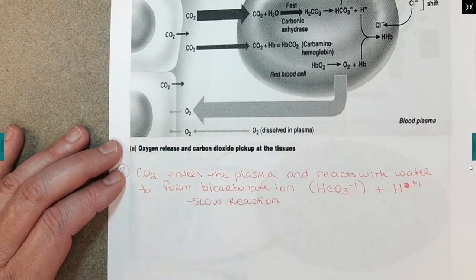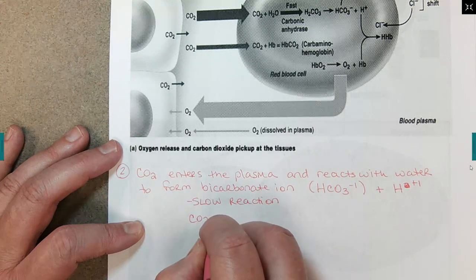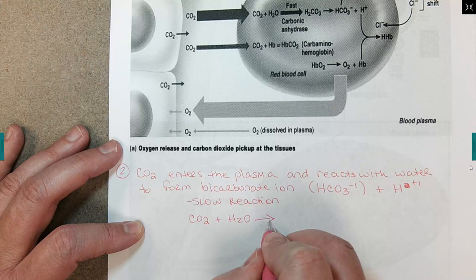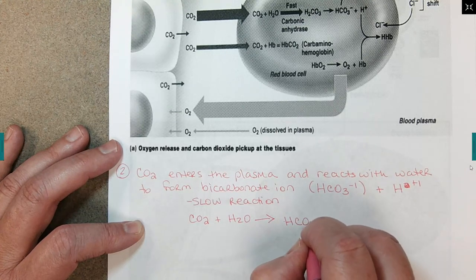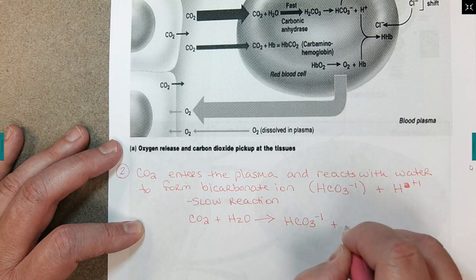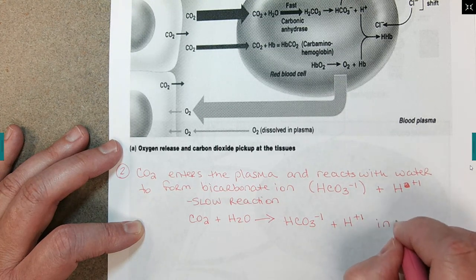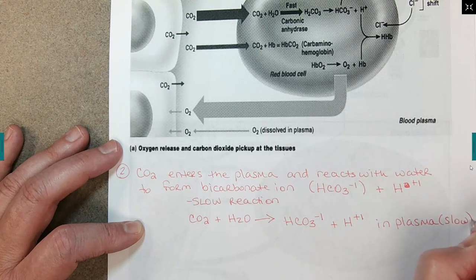I know it's written up there, but let me go ahead and write it out. So we have carbon dioxide plus the water in the plasma is going to form your bicarbonate ion plus some hydrogen ions. And this happens in the plasma, and this is slow.